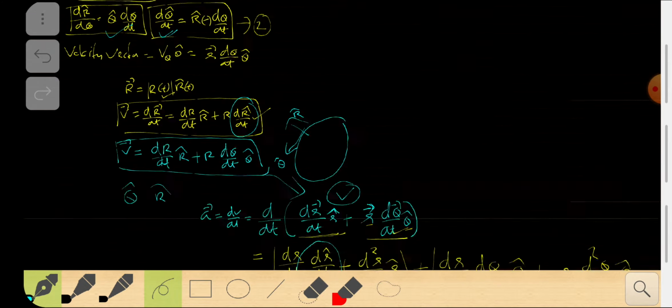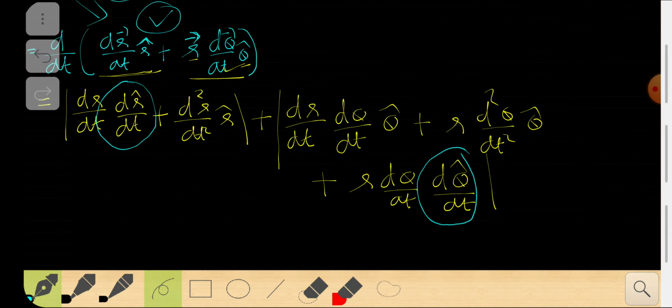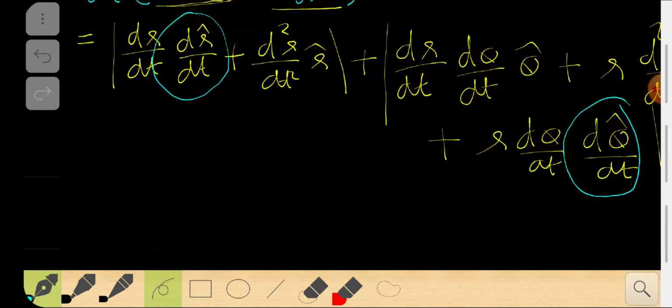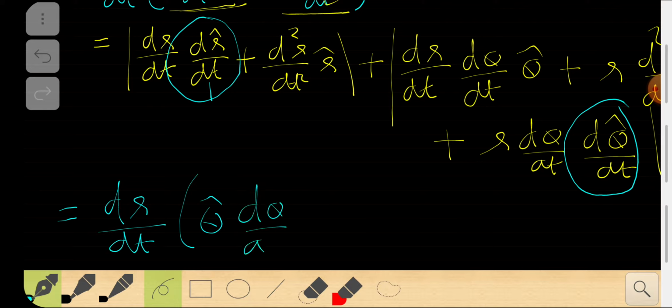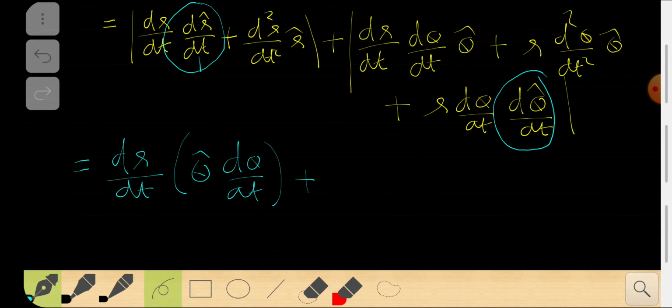So I'm going to substitute those values in here. This is lengthy, so be patient. This is not that complicated, it's just some differentiation. So I'm going to substitute for d r cap by dt, so that's just theta cap times d theta by dt, right? The rest of these things I'm going to write again because I don't want to confuse you. Everything is the same, right?